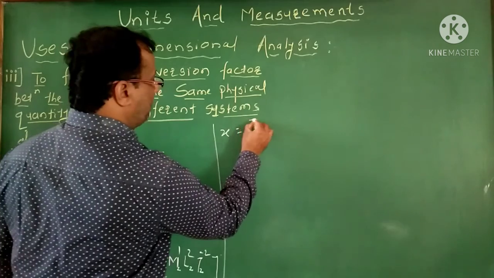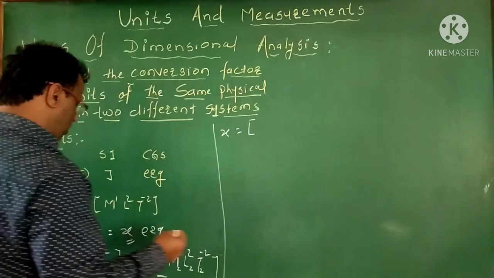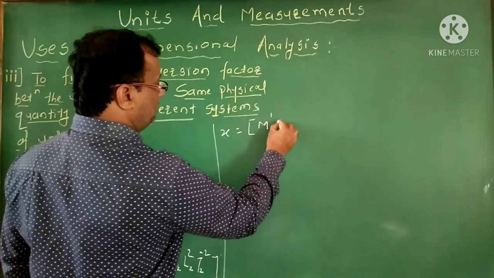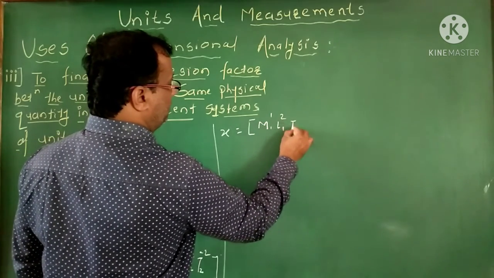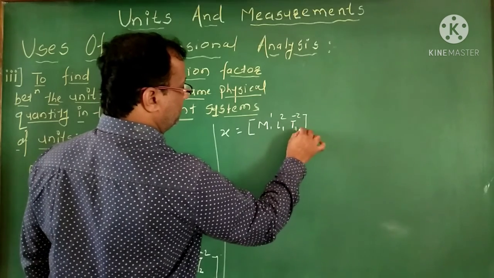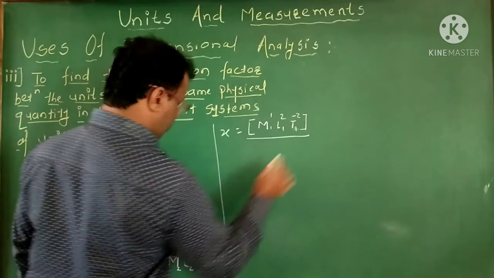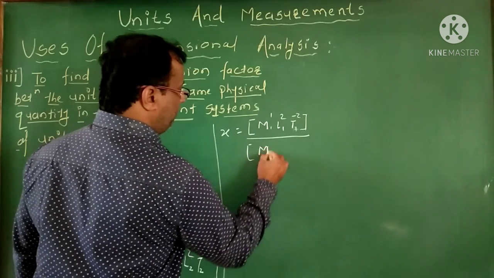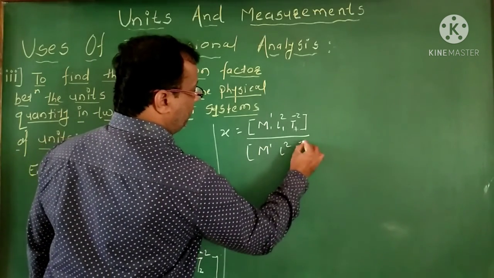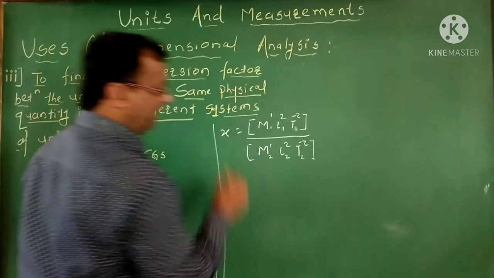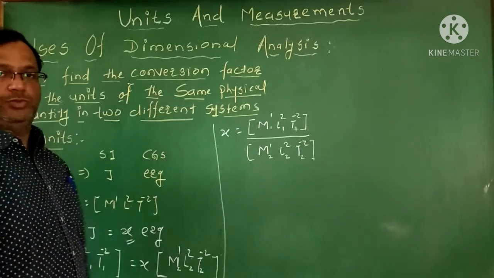First the dimension of the SI system, that is M1, then L1 squared, then T1 to the power minus 2. Now divide by this one: M2, L2, T2 to the power minus 2, and this is the CGS system. So for the CGS system we take the suffix 2.